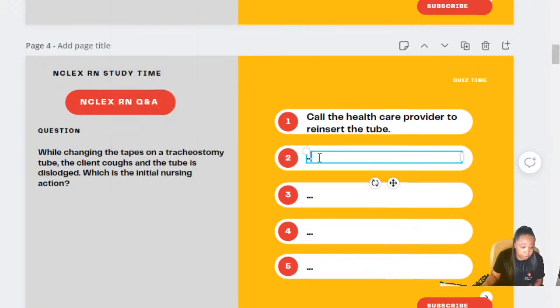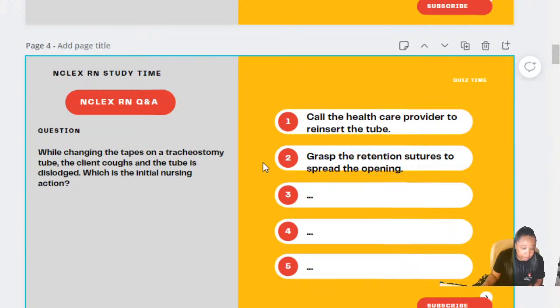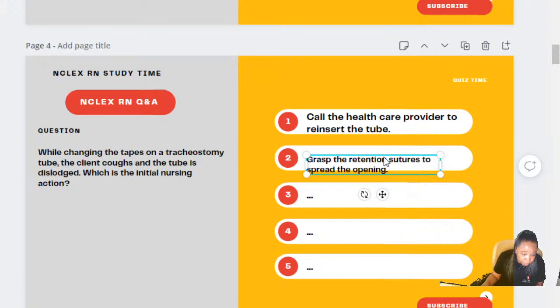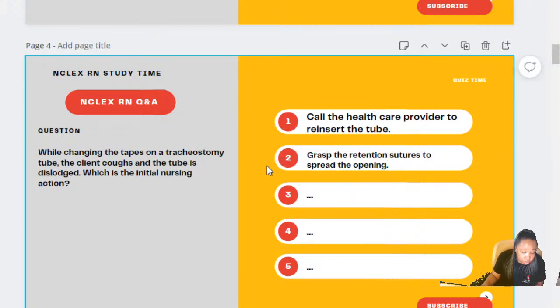So what about this one right here? It says, grasp the retention suture to spread the opening. The reason you have to do that is that every second counts.